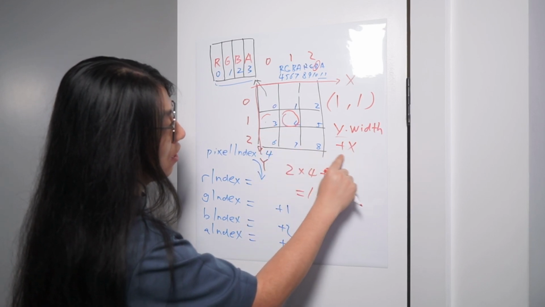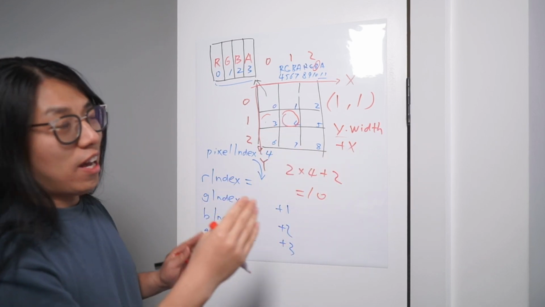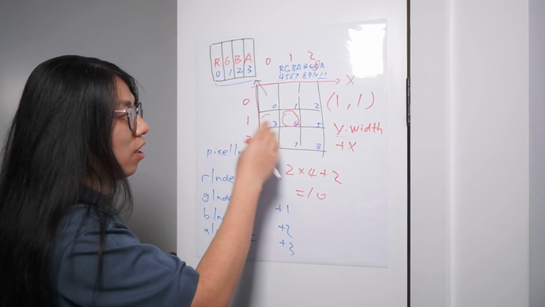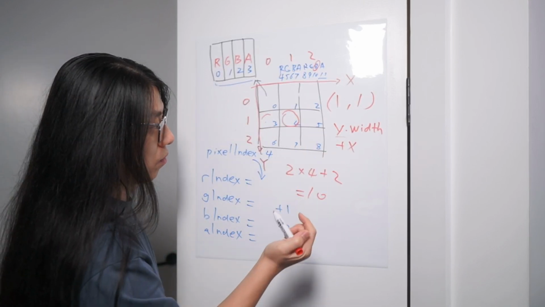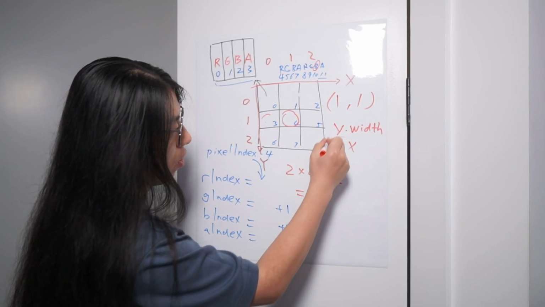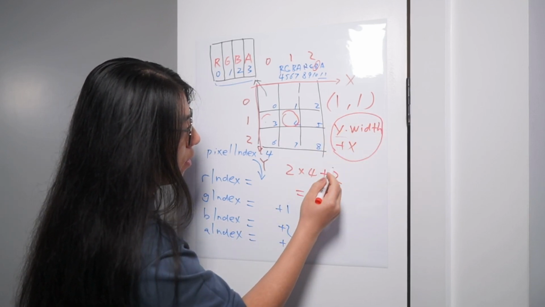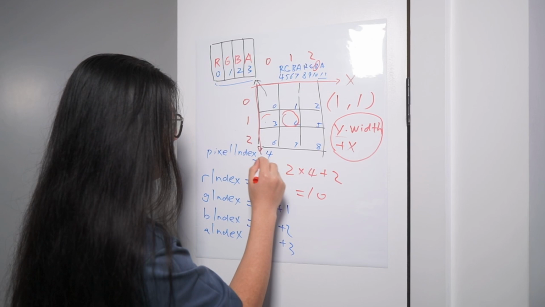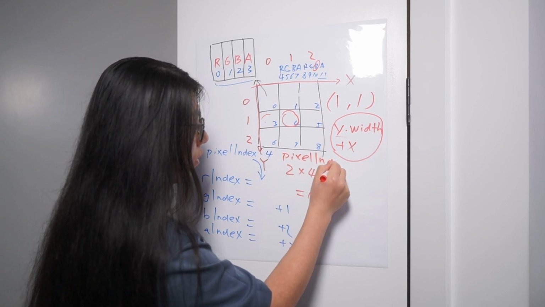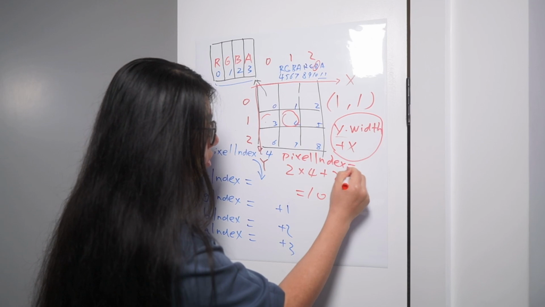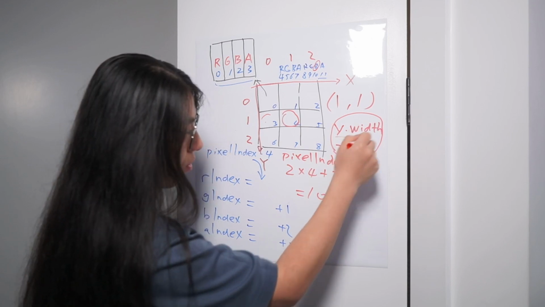So that really depends on where you are currently on this row of pixels. So all this is to say the pixel index actually equals this thing.